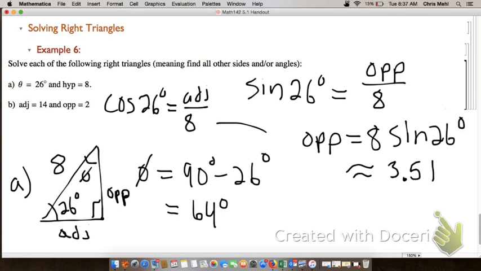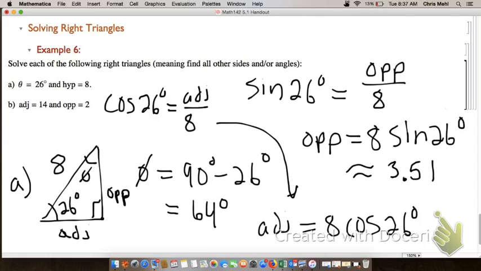So the adjacent side is going to be 8 cosine of 26 degrees, which is approximately 7.19. Now the other missing angle was 64 degrees, the length of the opposite side was 3.51, and the adjacent side had length 7.19.